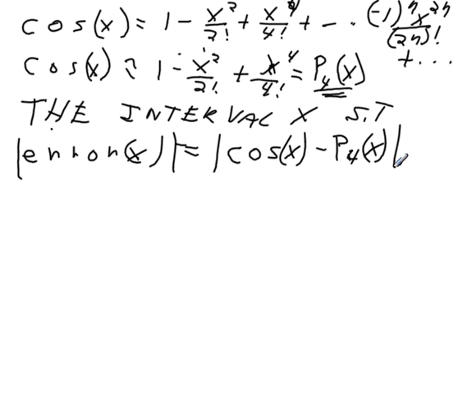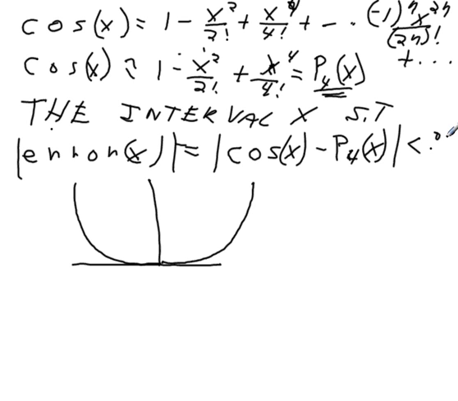If you plot this in your calculator, you will find a bowl-shaped function where the error term looks like this. And we were looking for the interval such that the error is less than 0.002.